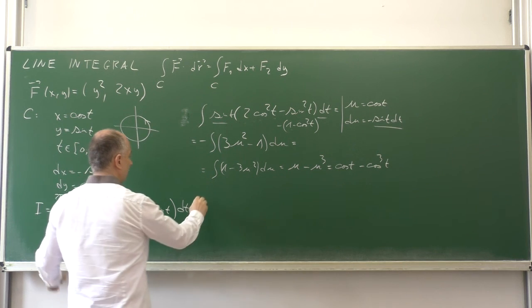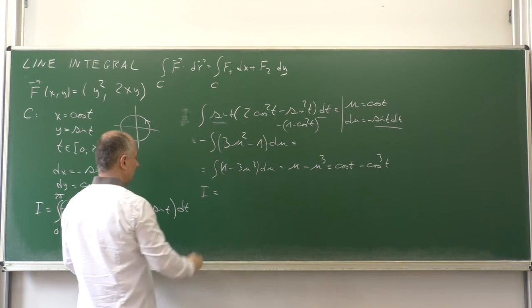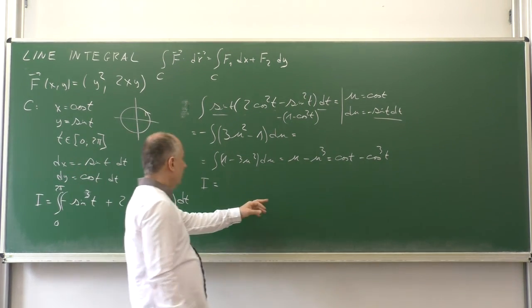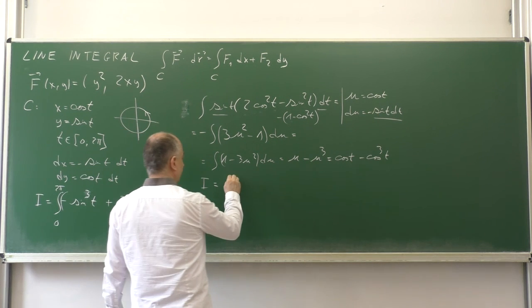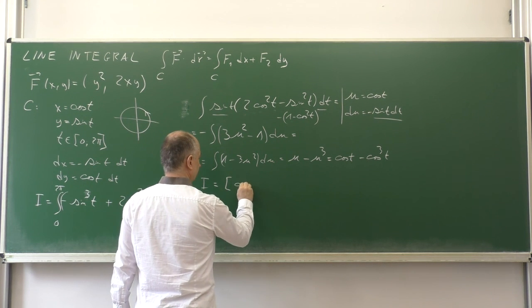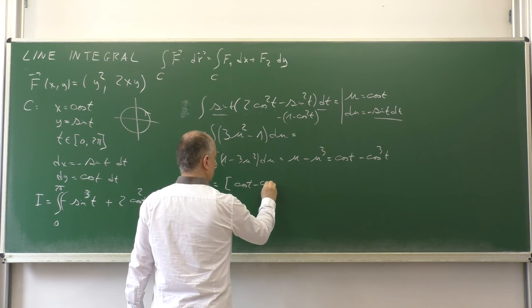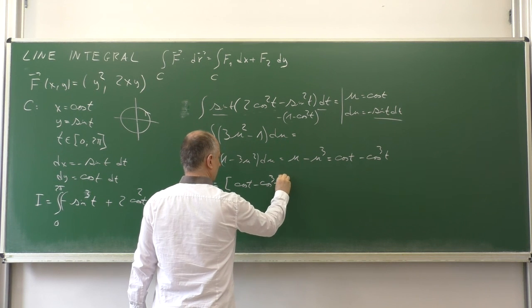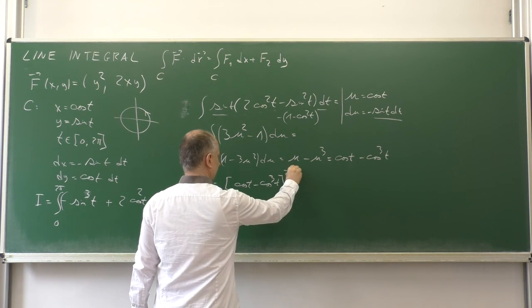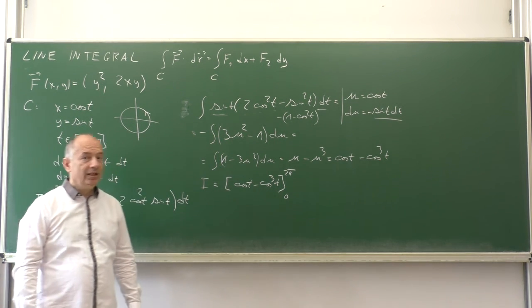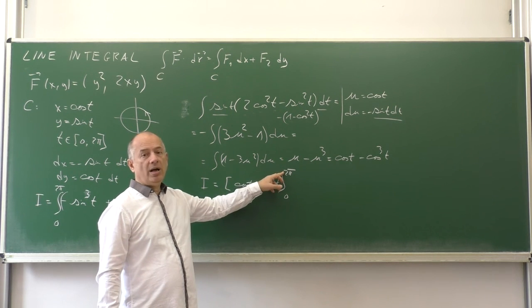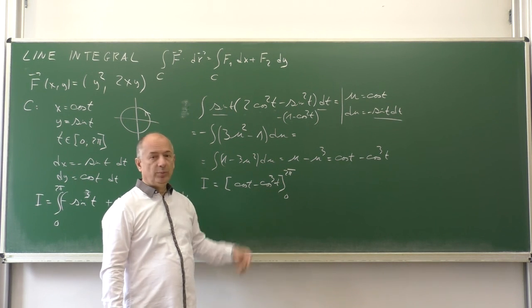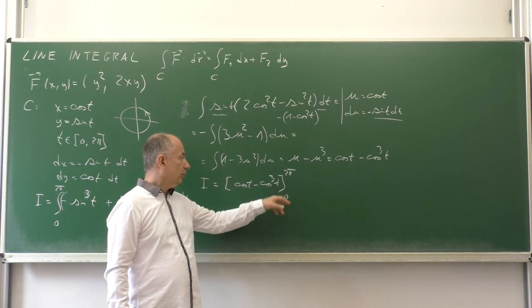And then the definite integral will be this antiderivative evaluated at 0 and 2 pi: cosine of t minus cosine cubed of t. But independently of the value at 0, the value at 2 pi is the same because cosine is a periodic function with period 2 pi.